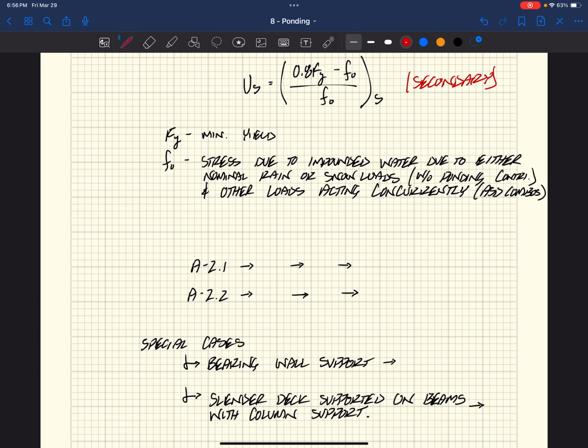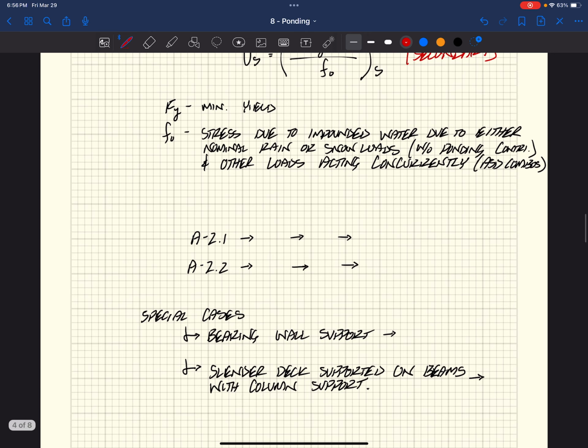The other thing they're adding here is other loads acting concurrently. So they want you to go through the ASD load combinations, okay? So relative to dead and snow, if we're going to analyze that, it'd just be dead plus snow, right? We then get to use figures A-2.1 and A-2.2.